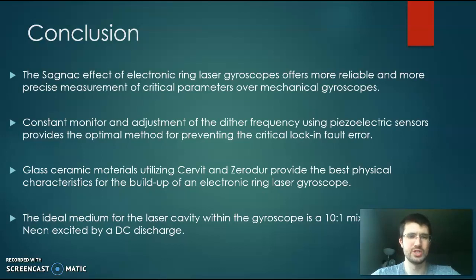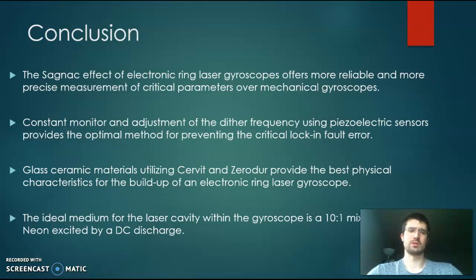Constantly monitoring and adjusting dither frequency using piezoelectric sensors provides the optimal method for preventing critical lock-in fault error. This monitoring is crucial to keeping the gyroscope dither away from the dither frequency of that lock-in.